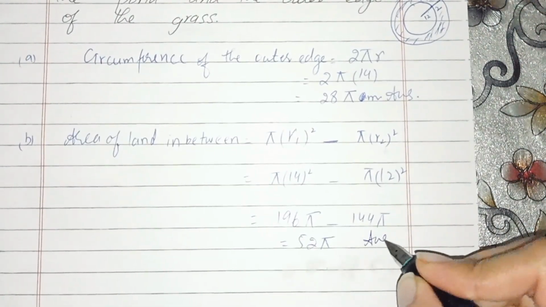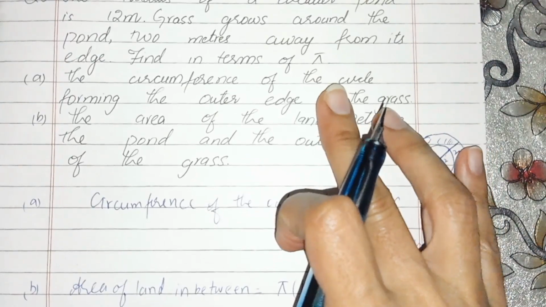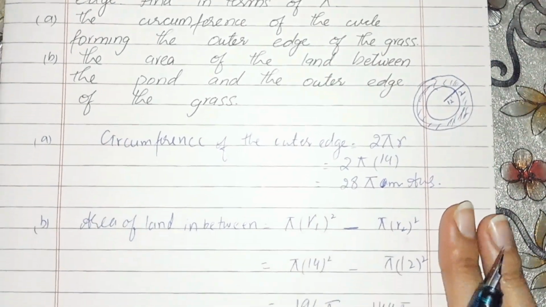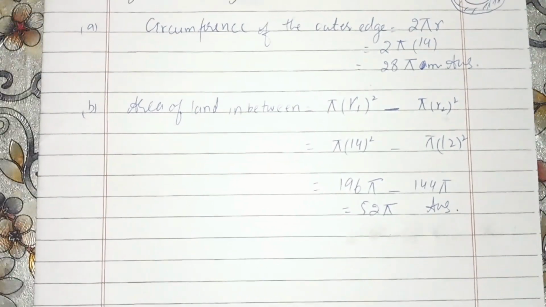That is the answer of part number B, because we have to find the answer in terms of pi. There is no need to solve it. Now students, question number 5 is solved.